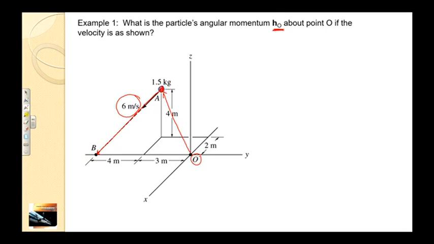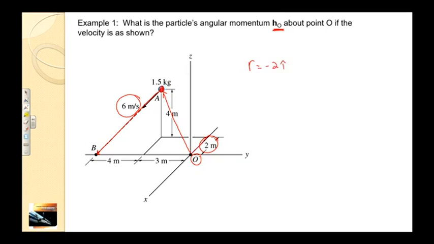So my angular momentum, h0, is r from the origin to our point, crossed with mass times our velocity. Let's take the pieces. My r vector, from the origin to where I'm trying to go, that's minus 2 in the x.